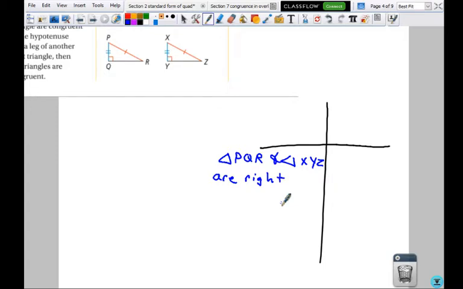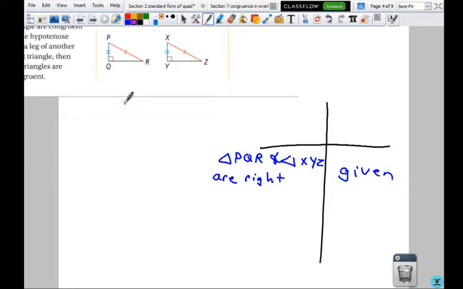I could say because it's given, because I have the 2 little 90-degree angle marks there, or I can say because they have 90 degrees. Either way, I'll take either one. So I'm just going to say given, because that's easier to write. So they are both right. Triangle PQR, triangle XYZ are right because it's given.